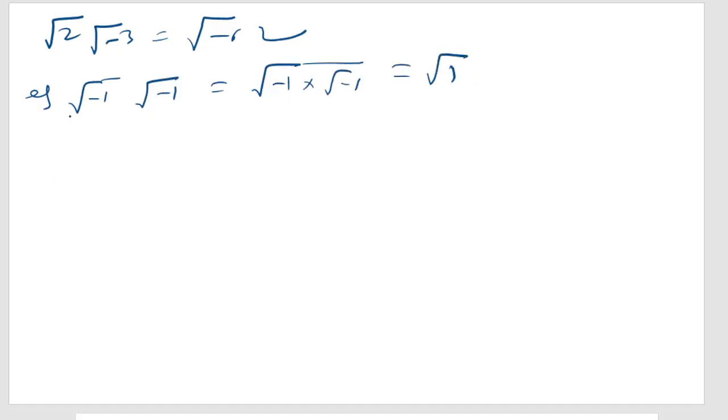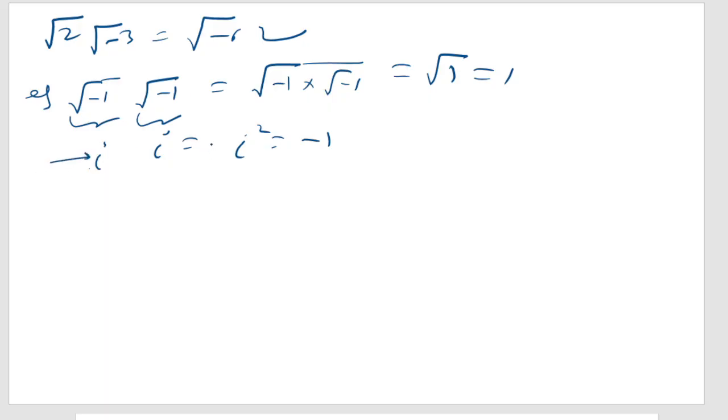But root of -1 is i, so i times i is i squared, that is -1. So clearly this is -1 and this is 1, then they are not equal. So which is correct? Obviously the way we are following, root of a times root of b equal to root of ab, is not valid, because both a and b are negative here, whereas the correct form is this one.